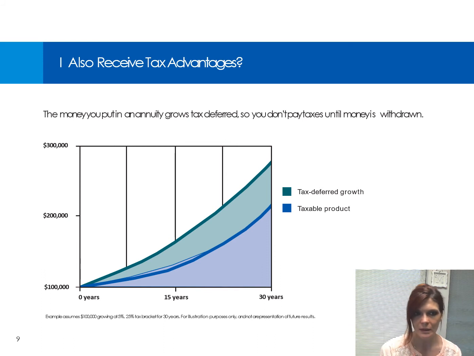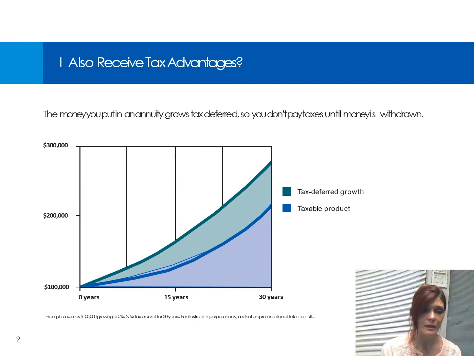Now, in an annuity, you have the tax advantage of deferral. So you do not have to pay taxes on your gains until such time as you take the money out of the annuity. So if you leave it in there for 10 years, you could experience 10 years worth of gains prior to being taxed on that.